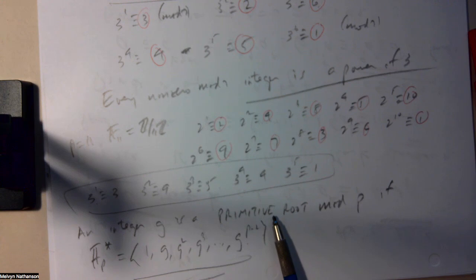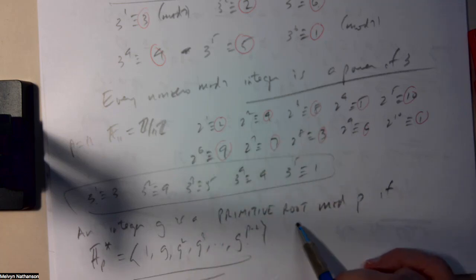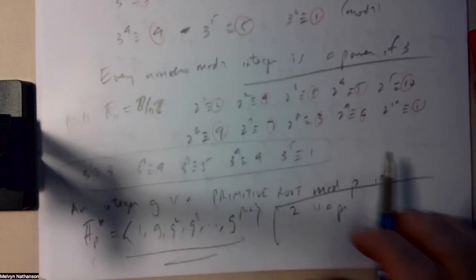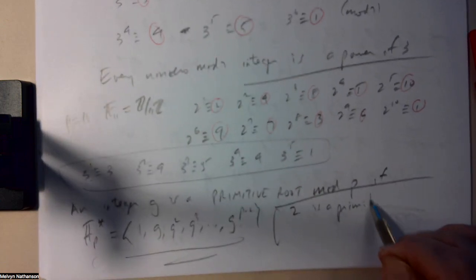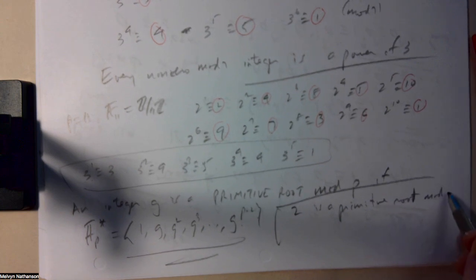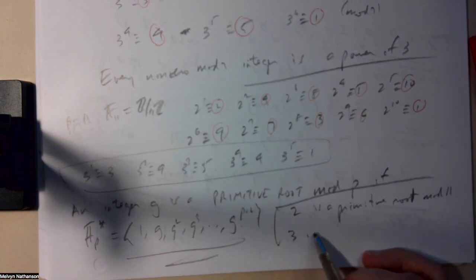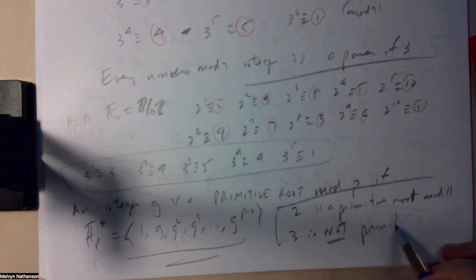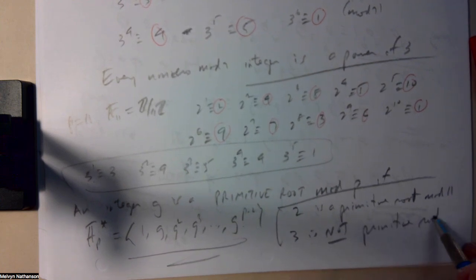So we say an integer g is a primitive root mod p if every non-zero congruence class mod p is a power of g. So in these examples, we see 2 is a primitive root mod 11. 3 is not a primitive root mod 11.